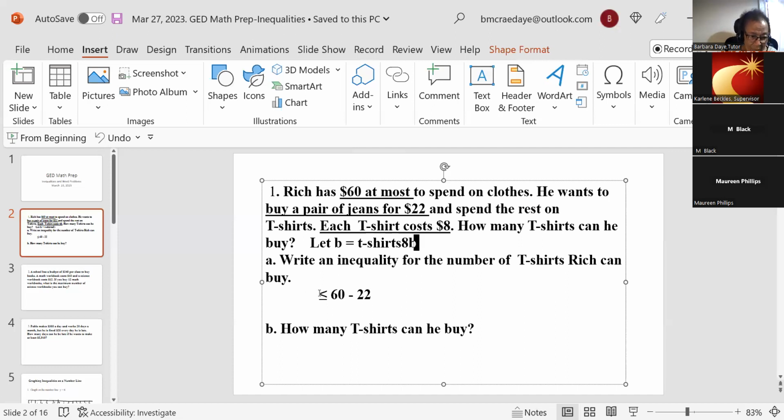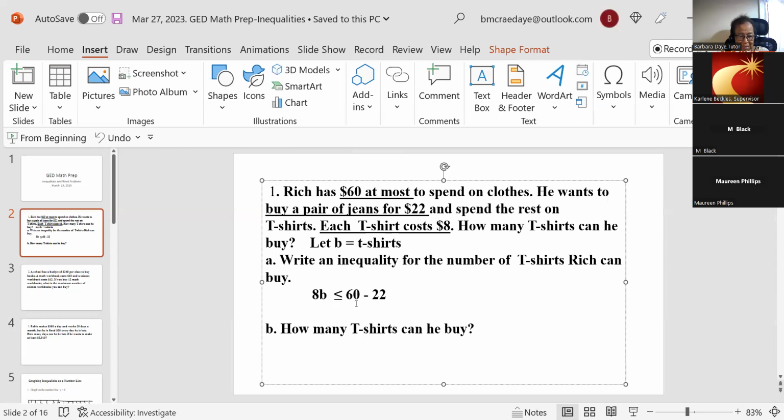I was putting it in the wrong place the first time. Here in front of the inequality, 8B. So at $8 a t-shirt, $8 times the number of t-shirts B has to be less than or equal to how much you have to spend.